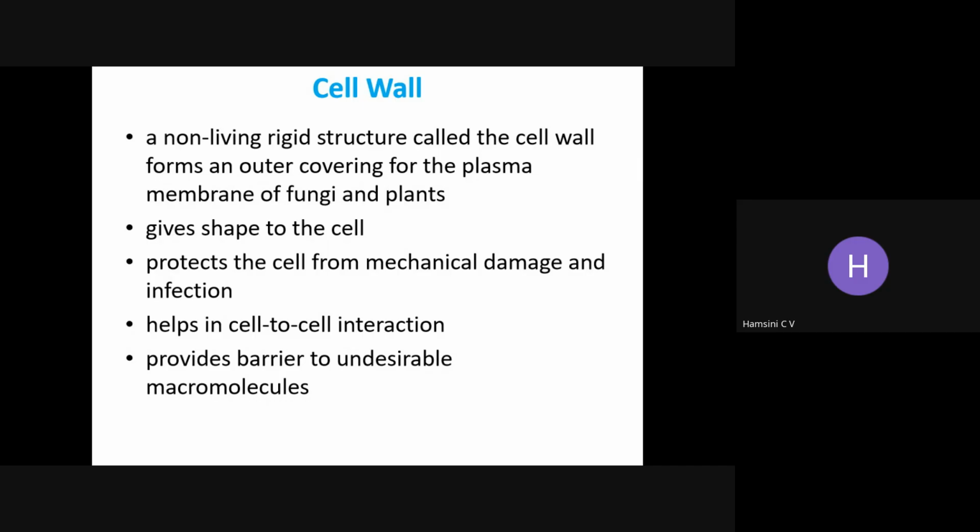Sorry, your voice is breaking in between. Does fungi have cell wall? Yes. Yeah, fungi. Fungi also has the outermost layer as cell wall.